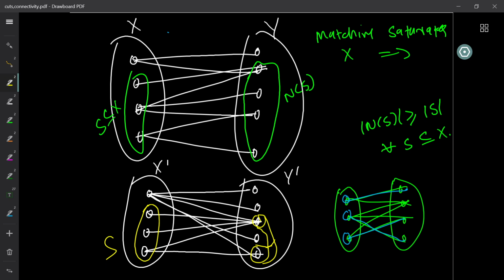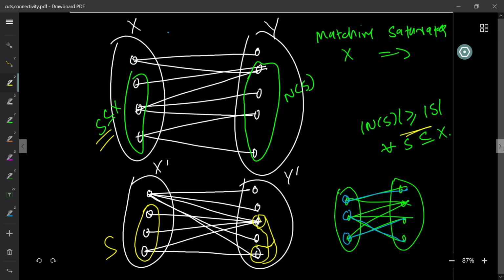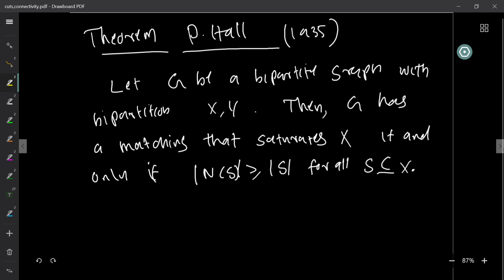But what is even more surprising is that if for every subset S of X the neighborhood of S has at least as many elements as S, then one can show that the bipartite graph will always have a matching which saturates X. This is the interesting part. This is what we want to prove, and we will. This is called Hall's theorem, and we are going to prove it in the next class.